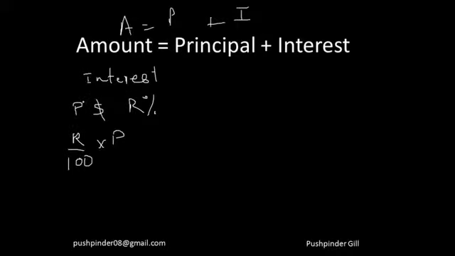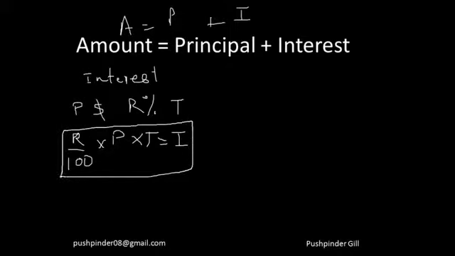That means R% of what you've invested is what you'll be getting every year. So if you have invested the money for T years, this much amount will be your total interest for T years. So I can say that interest is equal to principal times rate times time divided by 100. This is how we calculate interest: P × R × T / 100.